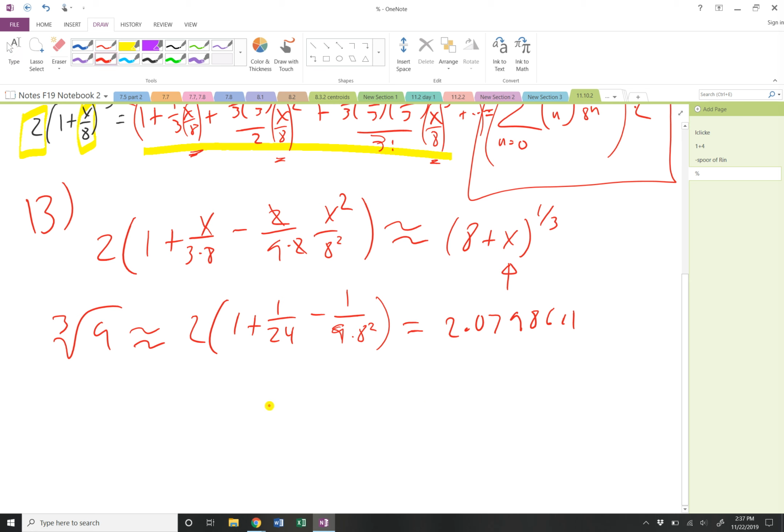But the cube root of 9, if you plug that into the calculator, we get 2.0800 8 something. So look at how close we are. The difference is 0.00022. So just 3 terms.